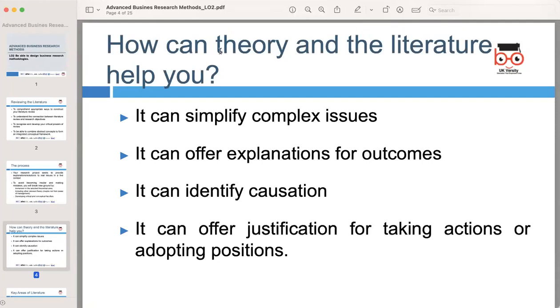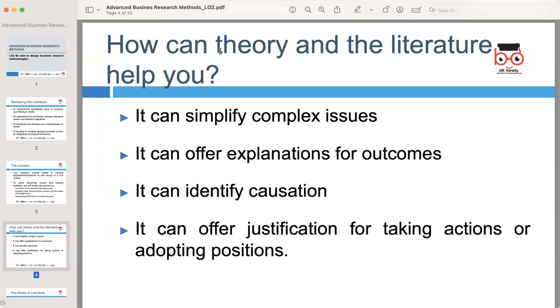Theories provide frameworks or models that organize information and help us make sense of complex phenomena. Similarly, literature, whether it is academic articles, books, or research papers, presents ideas and findings in a structured and accessible manner, making it simpler for us to grasp complicated topics.